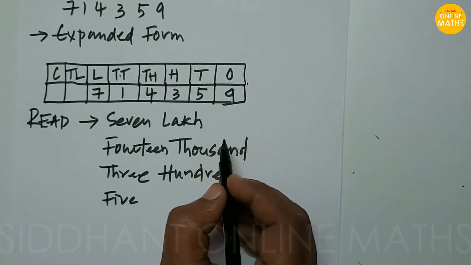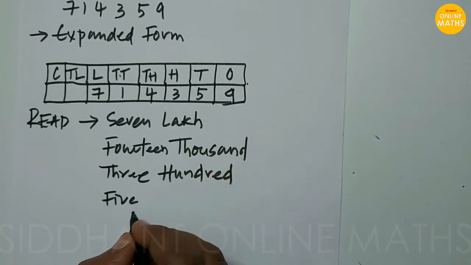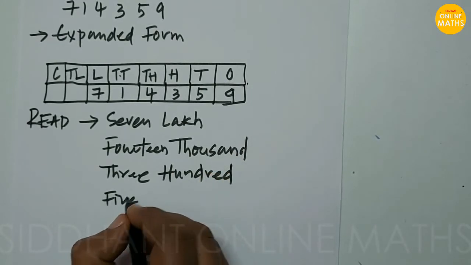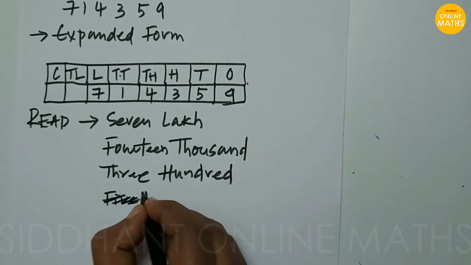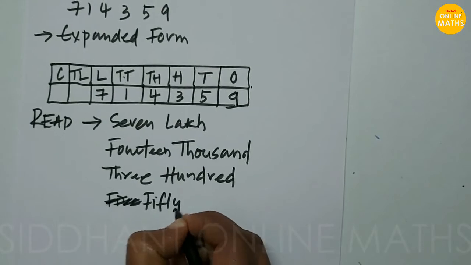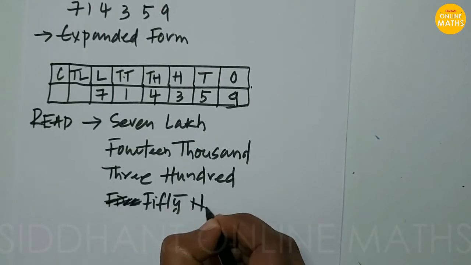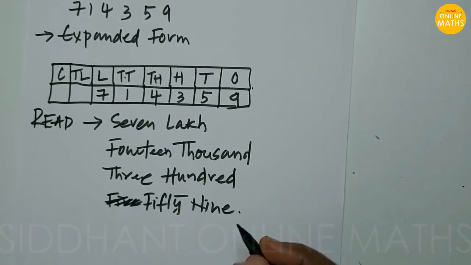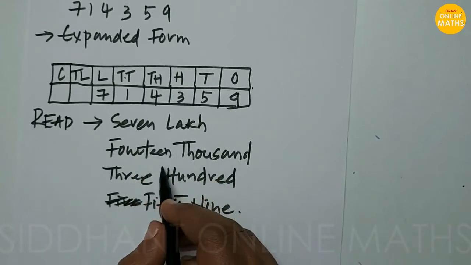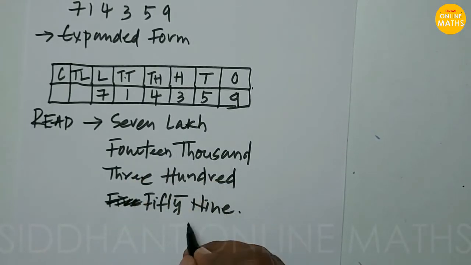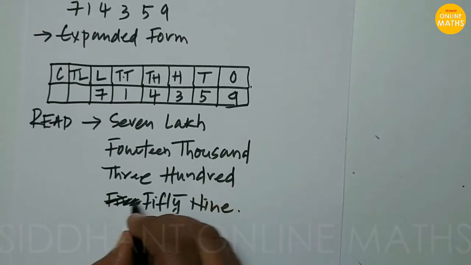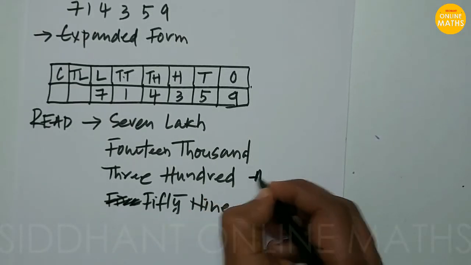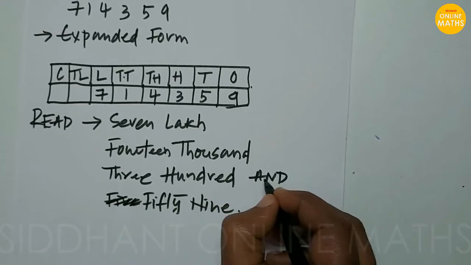We can't read it like 50 and 1, so we read it as 59. So it is read as 7,14,359. In some cases we see that one word 'and' will be added.